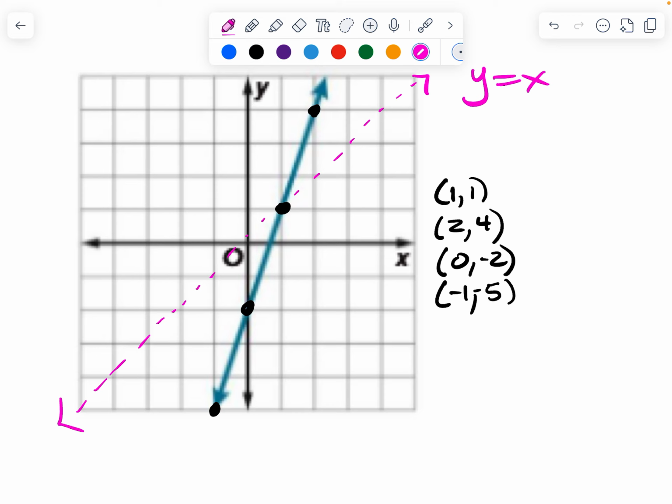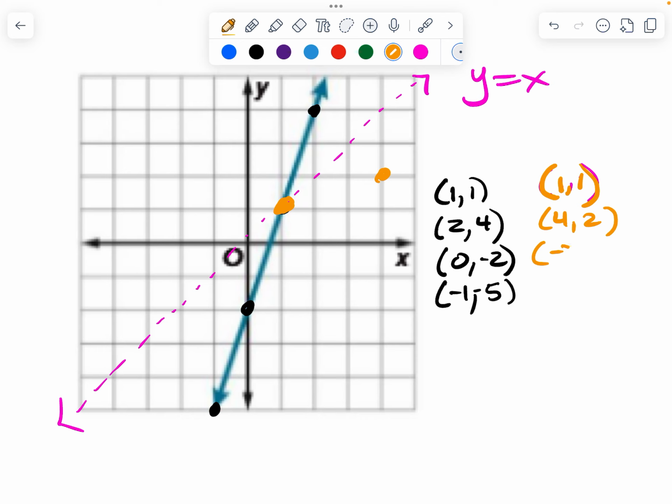If I switch them around, I would still have (1, 1), so that point stays right where it is. I shouldn't be using this color; I'm going to use this color. Then I switch this one around, (2, 4).